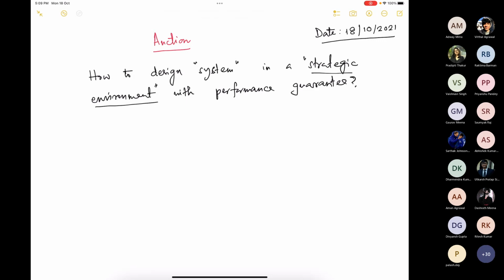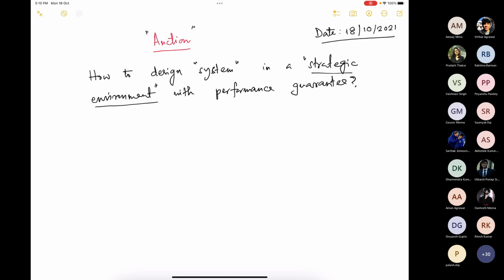Any such setting where the outcome depends on the actions played by all the players, we will call loosely a system. Now this is the broad goal of this week's lecture, and for concreteness I will take the auction as my system.